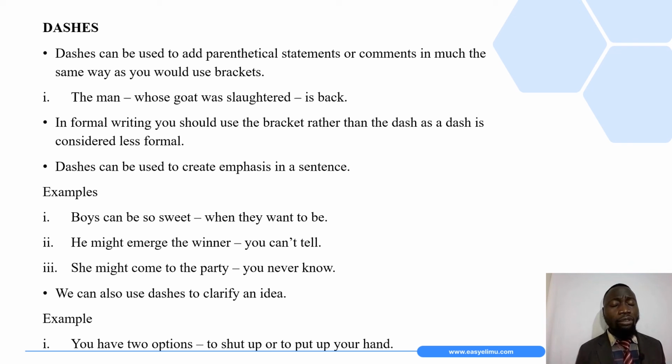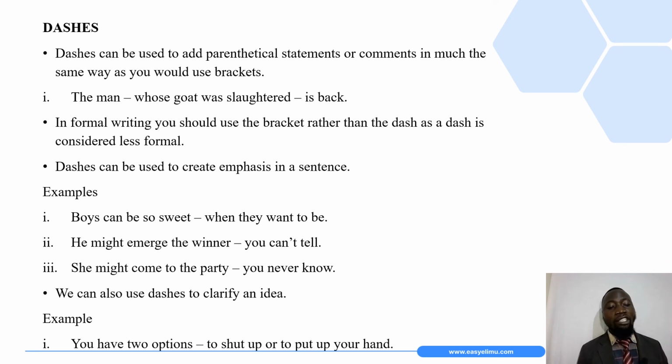The last use, dear students, is that we can also use dashes to clarify an idea, that is, to give clarification of an idea. An example in a sentence is: you have two options: to shut up or to put up your hand.